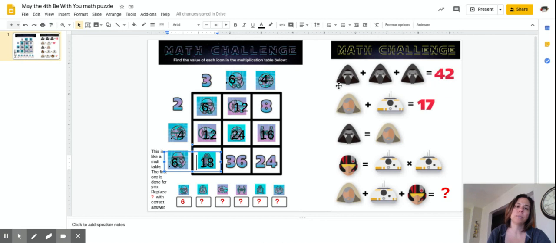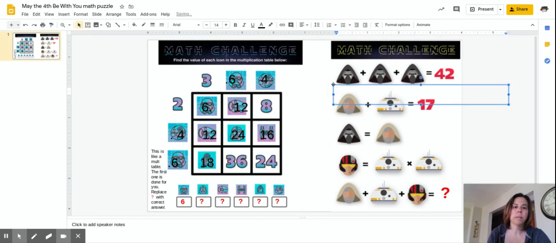And then moving on to the next one, which is similar to what you've seen before. Again, we have 3 of the same figures, so we're going to add the same number 3 times to get 42. Now, this is a little bit tougher. I can think 3 times 10 is going to get me to 30, and then I need 12 more to get me to 42.